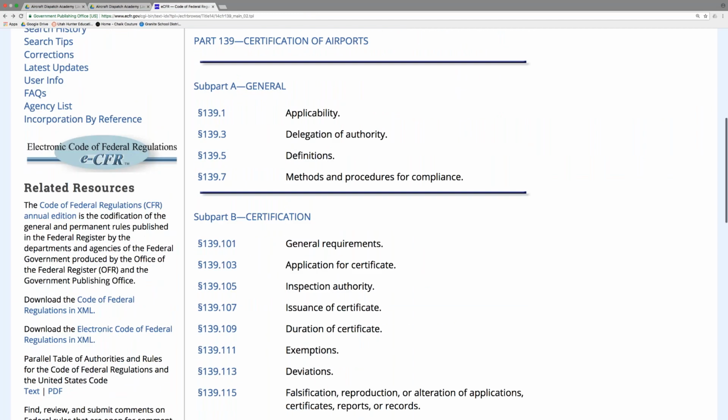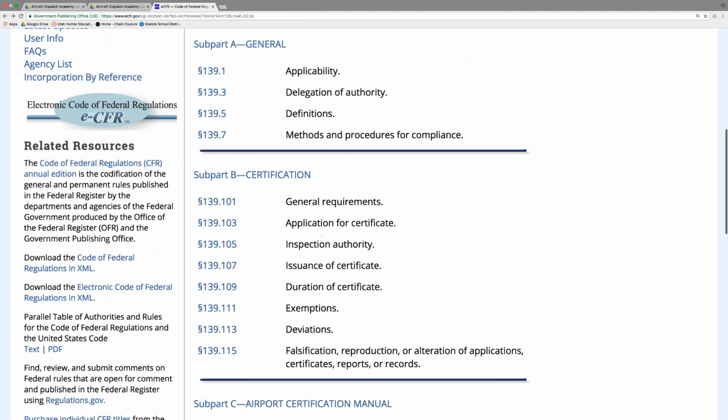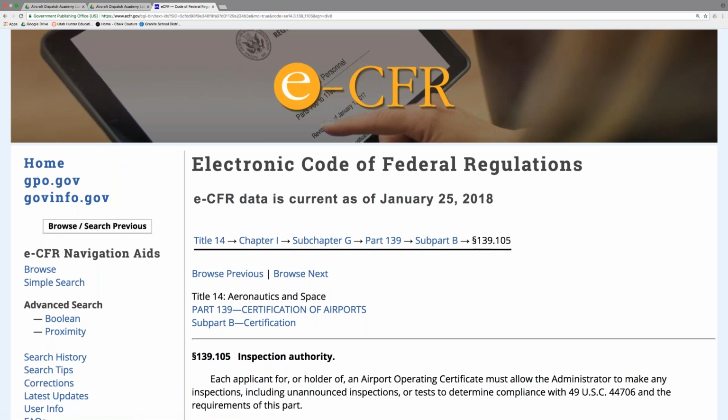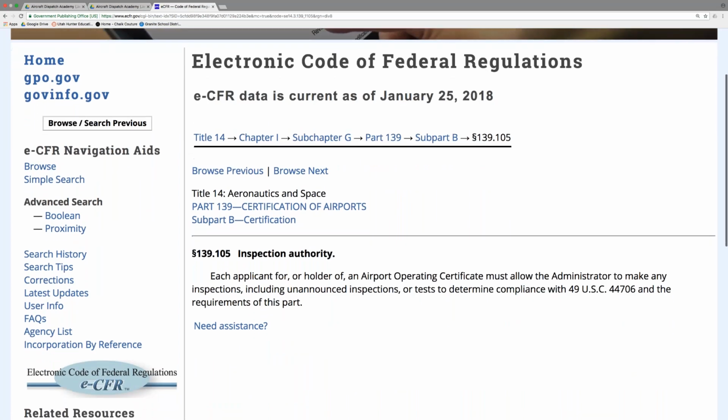It talks about the application that they have to go through for their certificates to be listed as an airport. The inspection authority. So this is talking about who's over the inspections, the FAA, right? Basically it says they're subject to random inspections of the airport by the FAA.